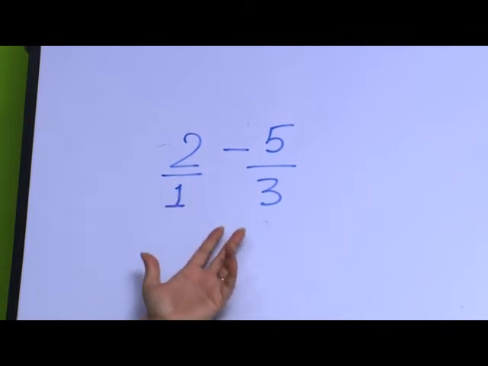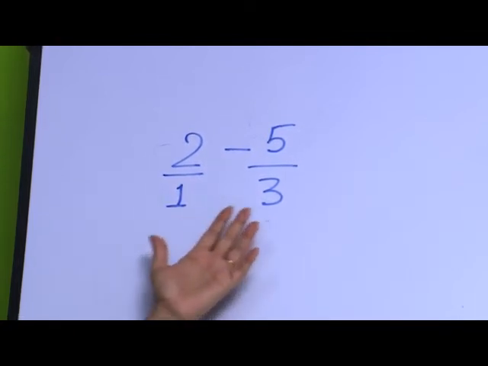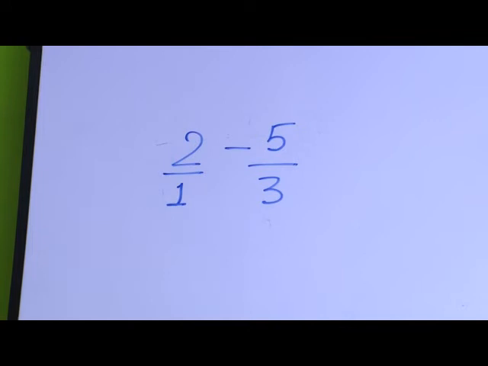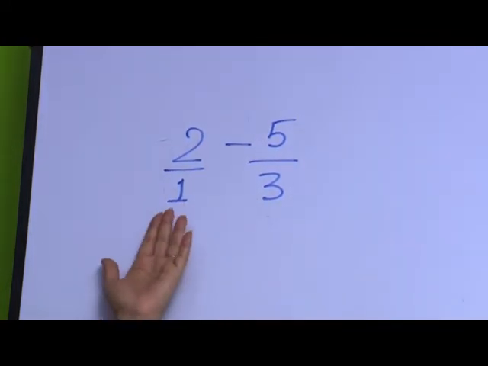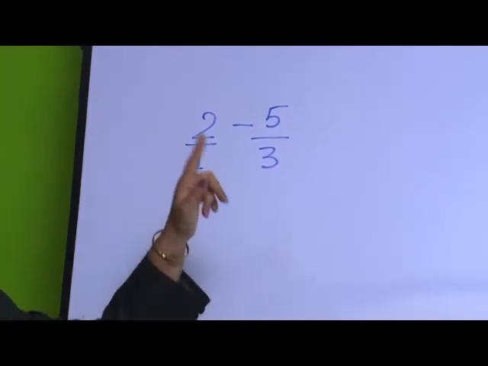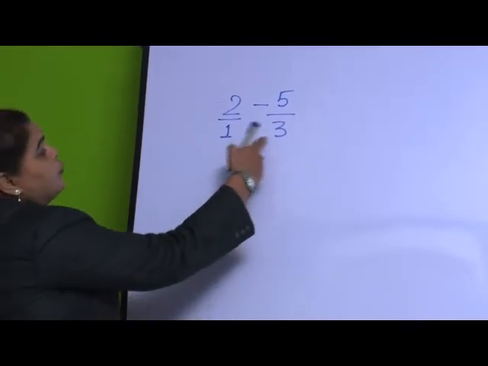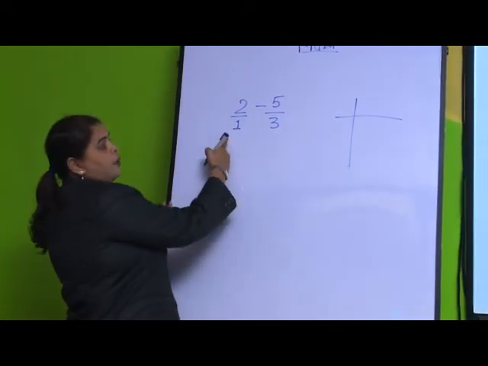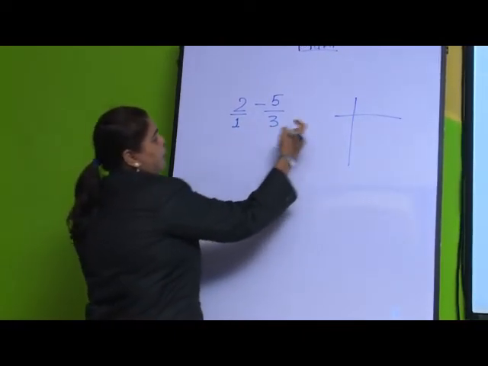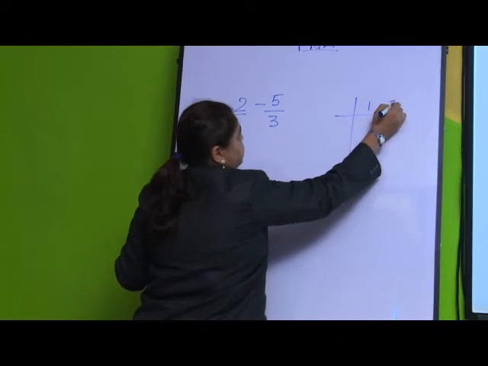First, what do we have to do? We have different denominators, so we can't do any operation directly. So for this we have to make the denominators equal, that is known as like fractions. For this we have to go for an LCM. We take the denominators, the numbers in the denominator, we write 1 and 3.